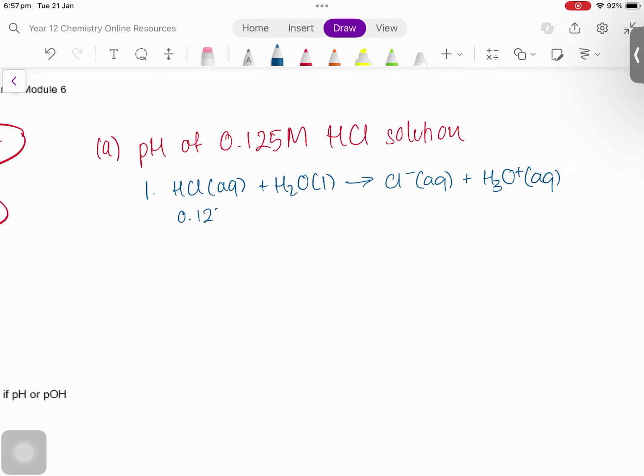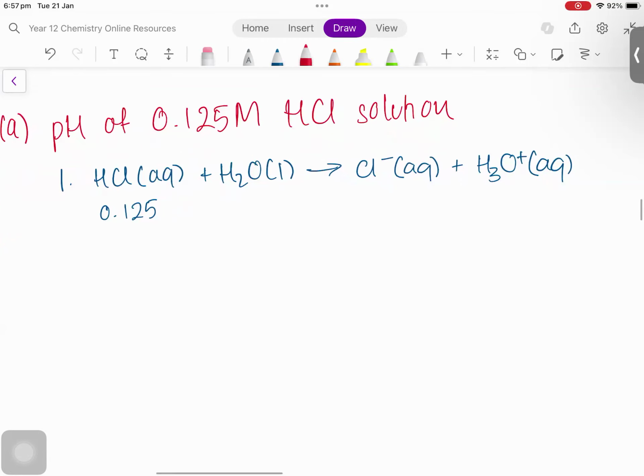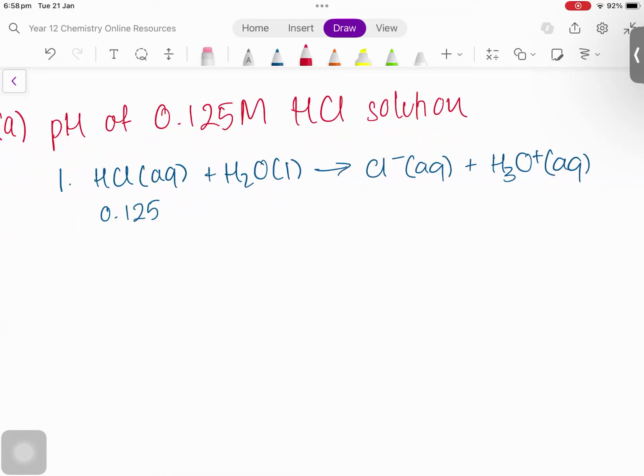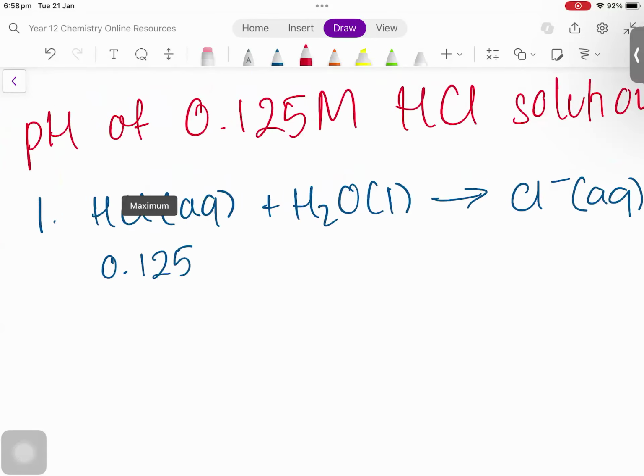Now, we haven't done stoichiometry in a while, so I'm going to walk you through it once, really detailed, just to make sure we're all on the right track. Josie, this is my equation. I've given myself the concentration of 0.125 molar HCl. So that's where I've put it, under HCl.